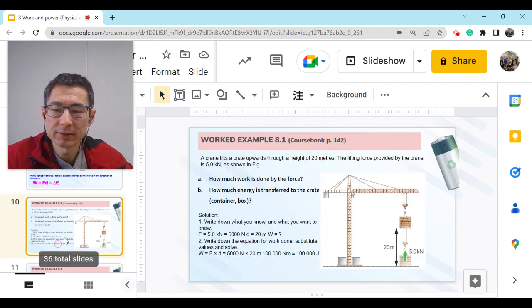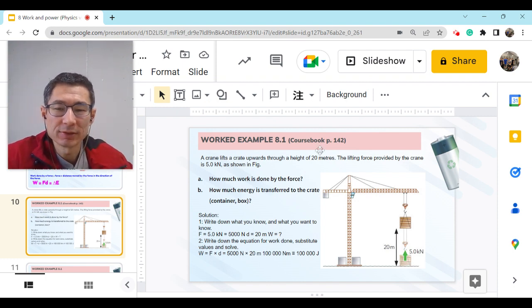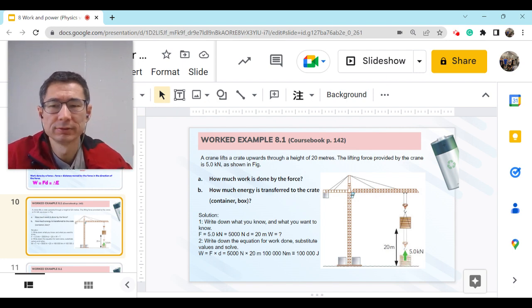Okay, let's do a worked example. So I have a crane. Let's read the question. In the question, the crane lifts a crate. A crate is like a container, or a big box.